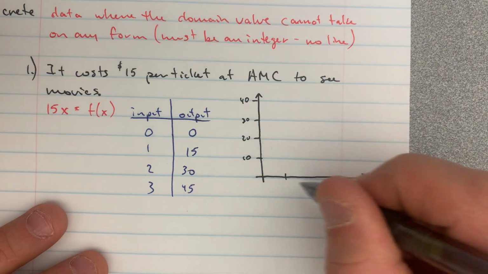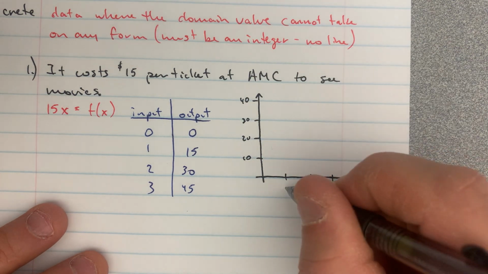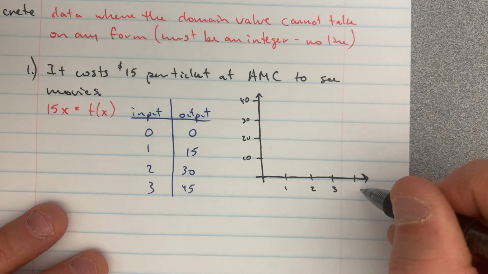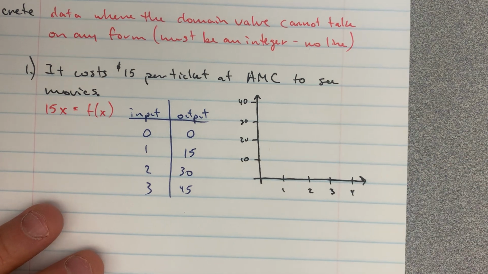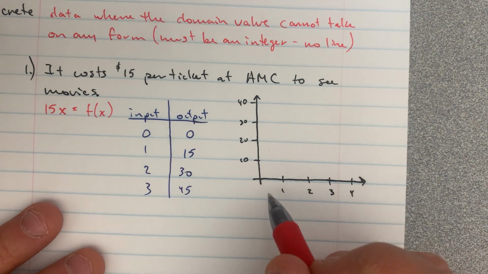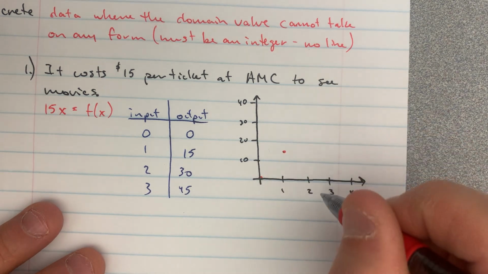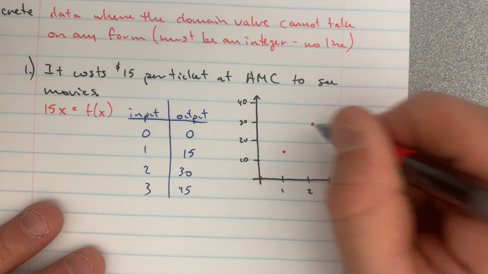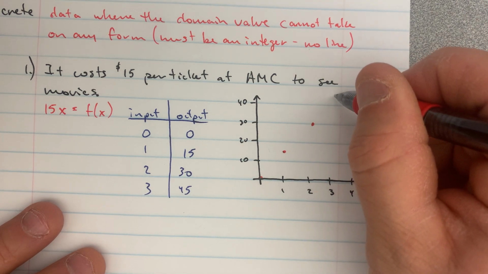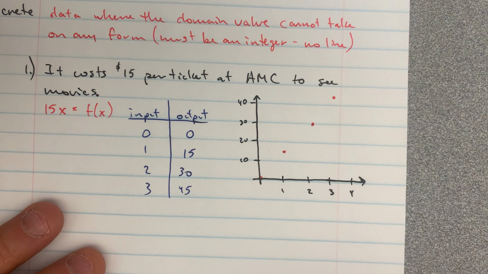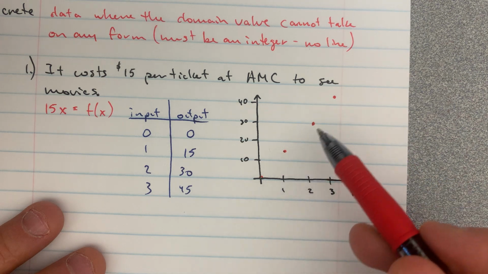And let's just go over by ones. 1, 2, 3, 4. All right, so let's plot this information. 0 tickets, $0. 1 ticket, 15. 2 tickets, 30. 3 tickets was 45. Let's say that was up here. Okay, so hopefully you can see that that information is linear here.